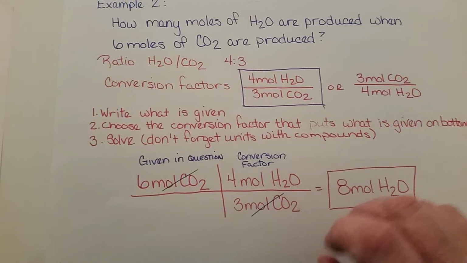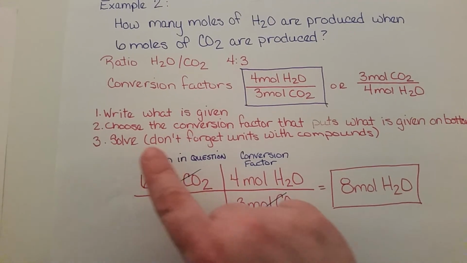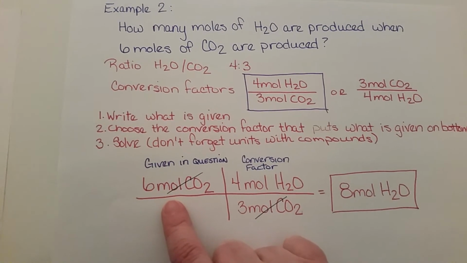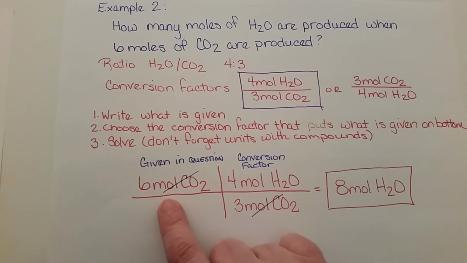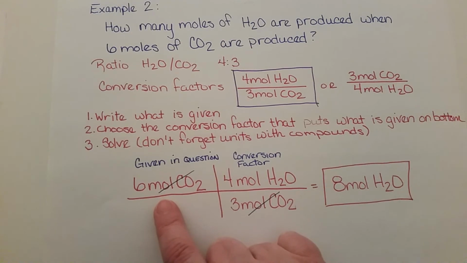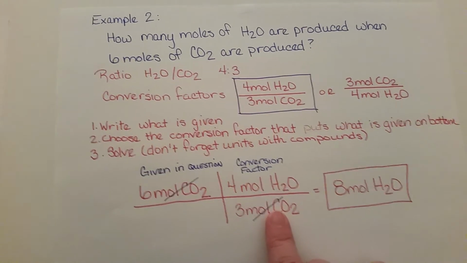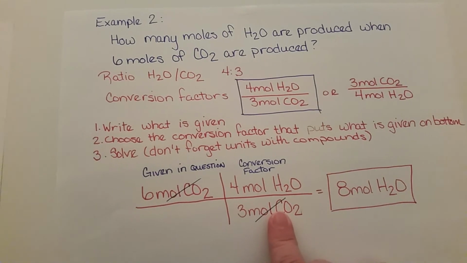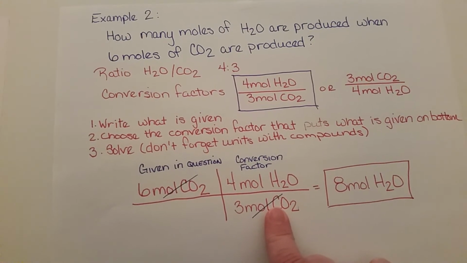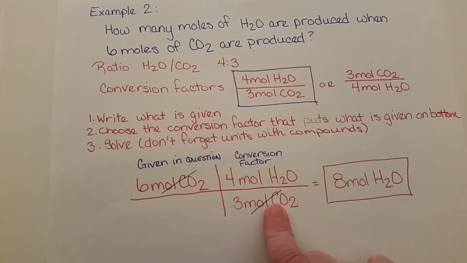We decide that based on our question. So the first thing you do every time is write what's given. In this case, given in the question is 6 moles of CO2. Whatever is given, that's what should be the bottom of my conversion factor. So if I have CO2 given, CO2 must be on the bottom of the conversion factor. So my conversion factor would be 4 moles of H2O over 3 moles of CO2.